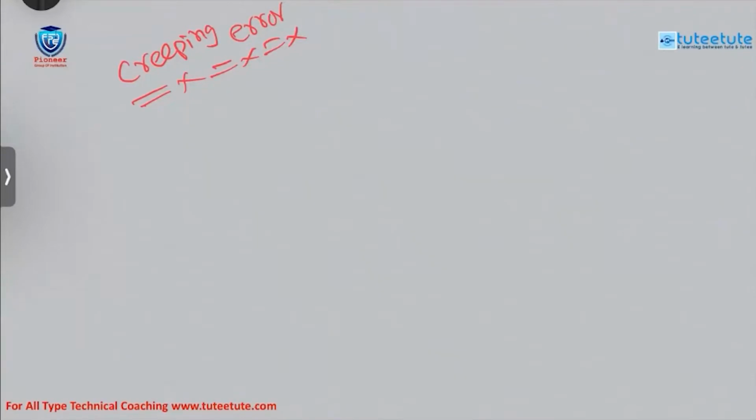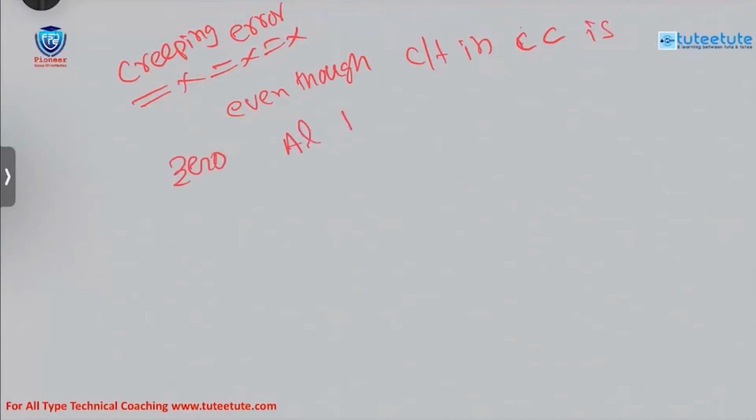What does creeping error mean? Even though the current in the current coil (CC) is 0, the aluminum disc will rotate slowly.